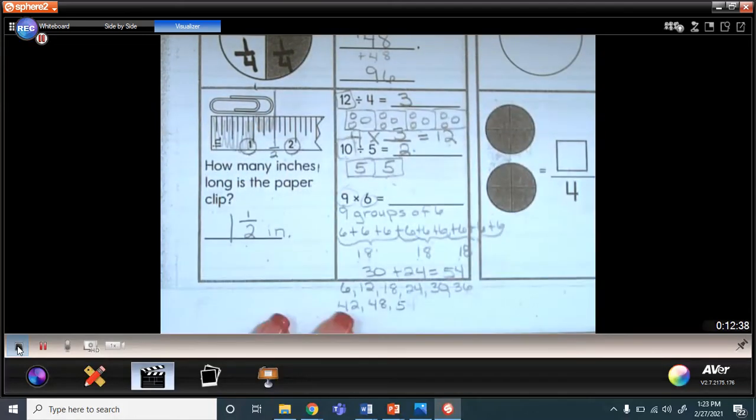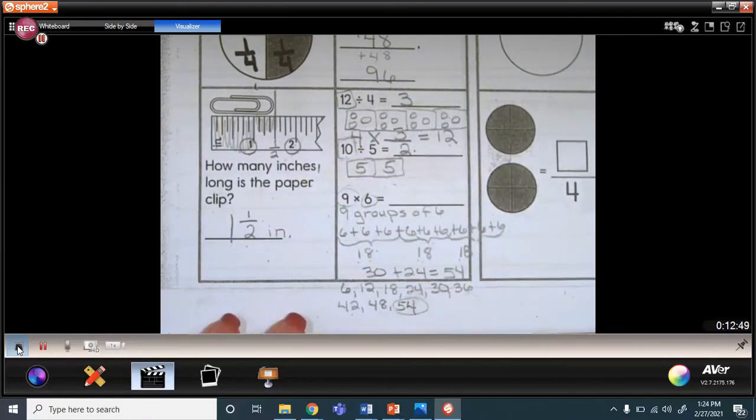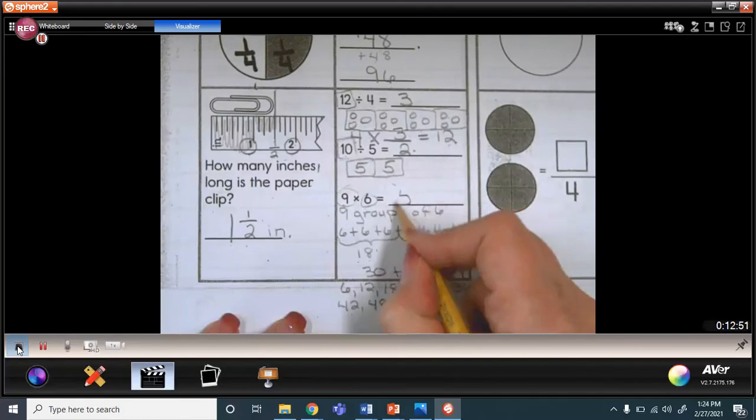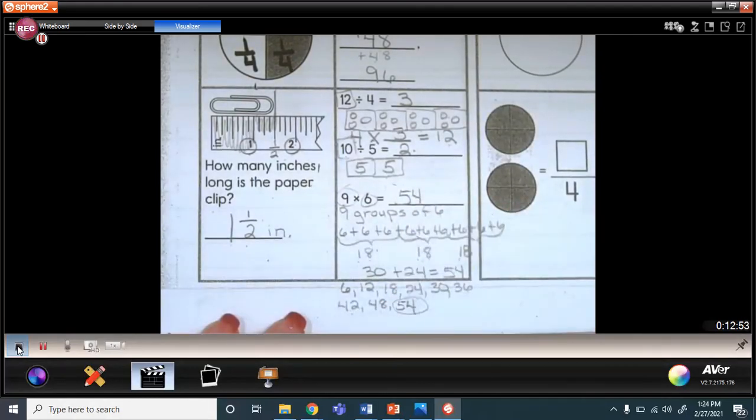No, sorry, 54. 42, add 6, 48, 54. Okay, 54. So that is our product. Product is the answer to a multiplication sentence.